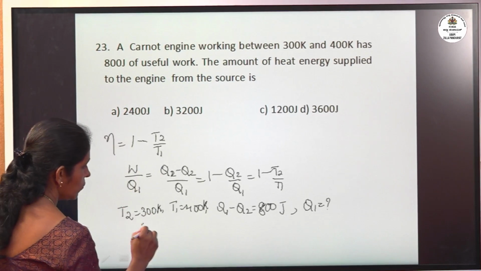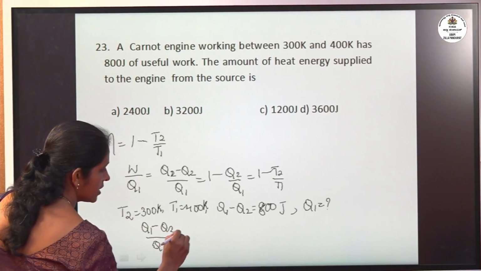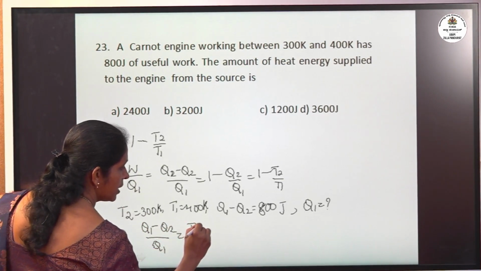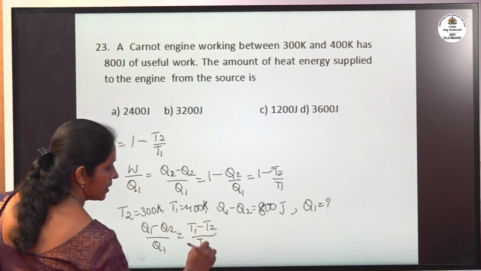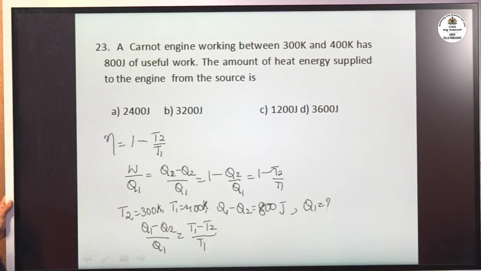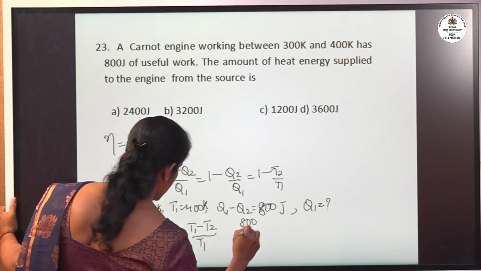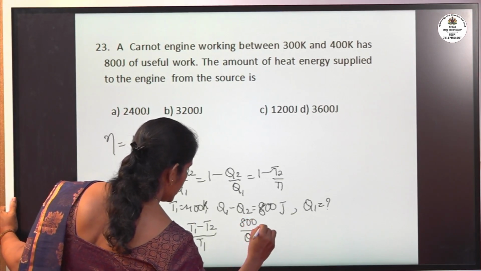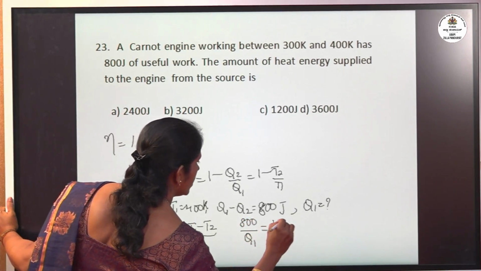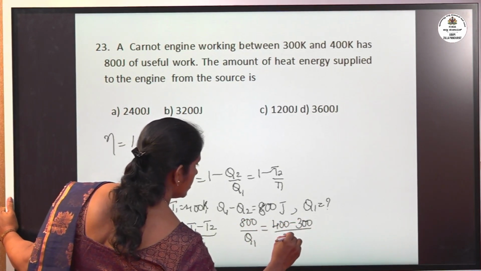Simplify this equation. Q1 minus Q2 by Q1 is equal to T1 minus T2 by T1. From this equation we can write: Q1 minus Q2 is given as 800, divided by Q1, is equal to T1 400 minus T2 300, divided by 400.